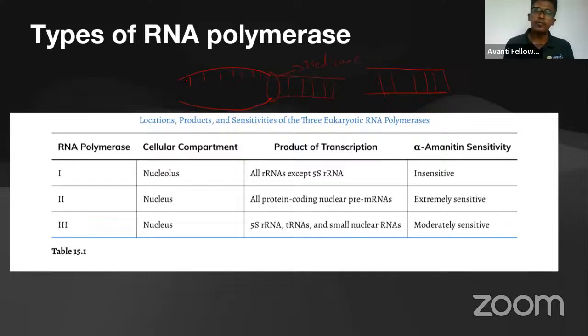Helicase will open the strand and expose the single strand. Once the strands are open, the synthesis of new RNA will take place. This is one DNA strand, this is another DNA strand, and this is the new RNA strand being synthesized. The second ingredient is the RNA polymerase.